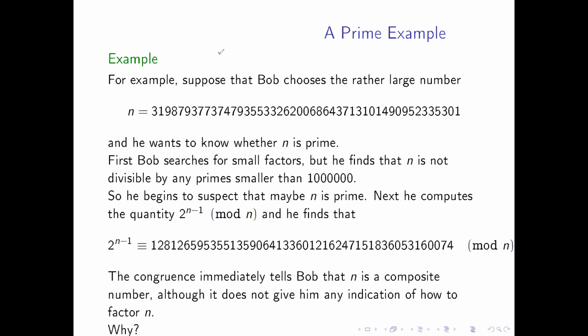It says that for P prime and P does not divide A, then A to the P minus 1 is congruent to 1 mod P. Let me rewrite that as an if-then: if P is prime and P does not divide this number, then this is true.